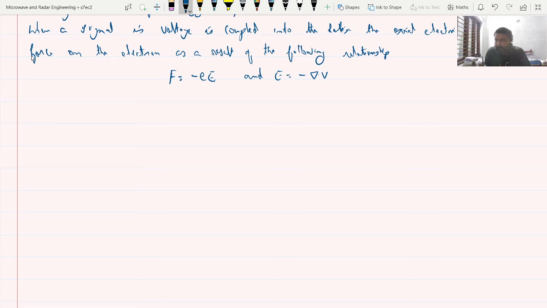So they will form a bunch centered about those electrons that enter the helix during the zero field. I will explain that with a diagram here.